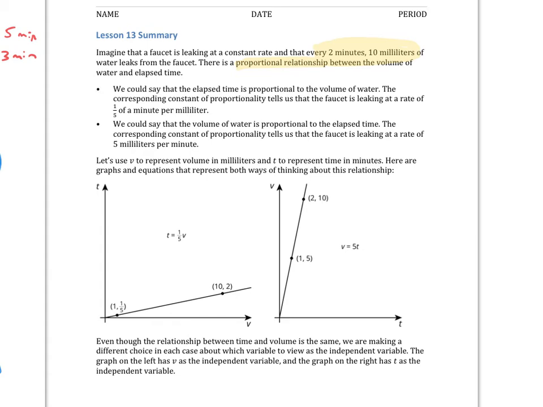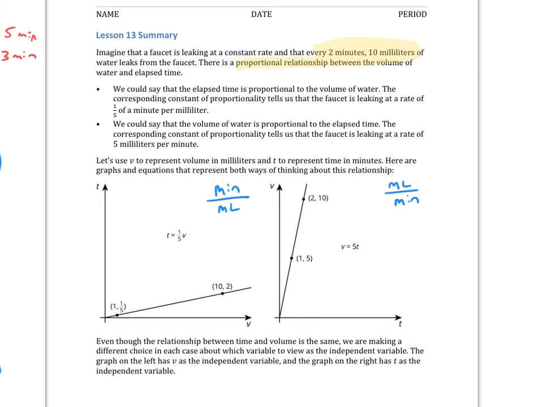Remember, based on what we talked about, we could represent this situation 2 different ways. We could represent it as the number of minutes over the number of milliliters, or as the number of milliliters over the number of minutes.